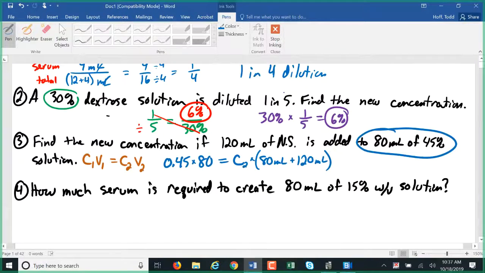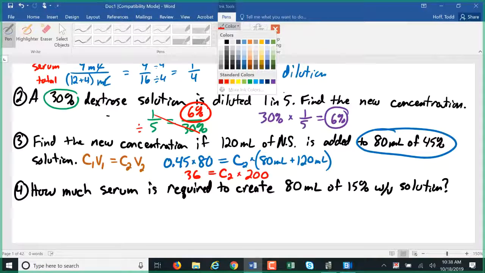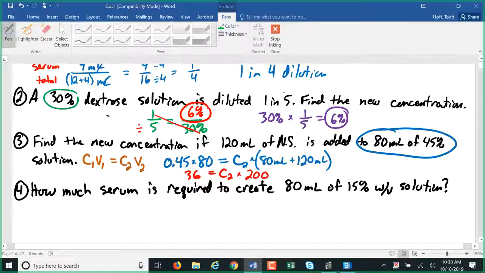So 0.45 times 80 is 3.6, 36. Equals C2 times 80 plus 120, which is 200. And we divide that out, solving our equation.